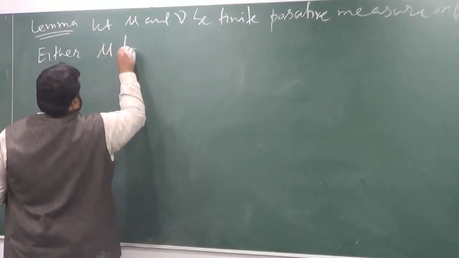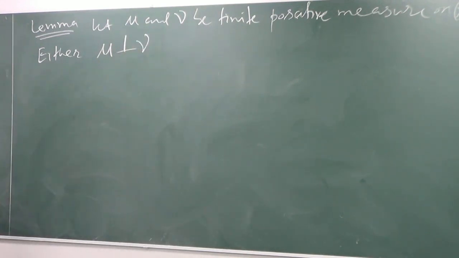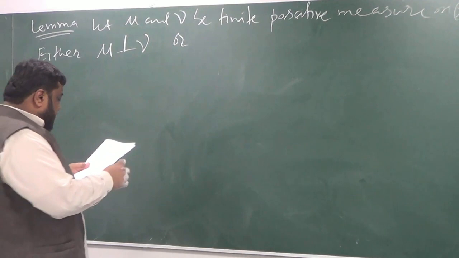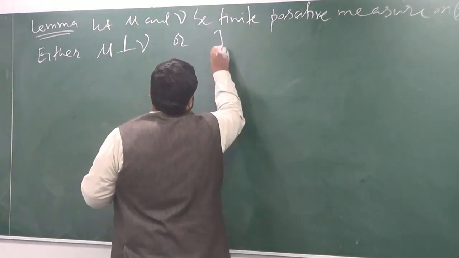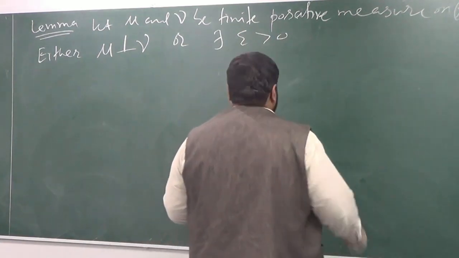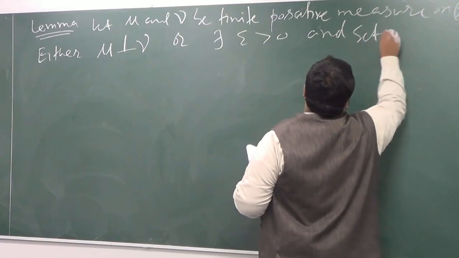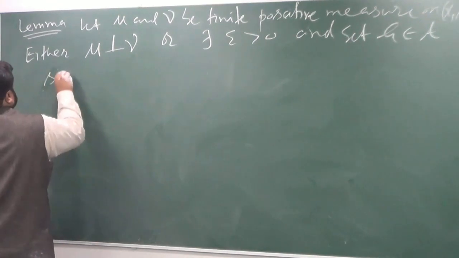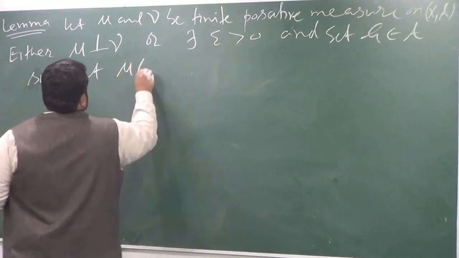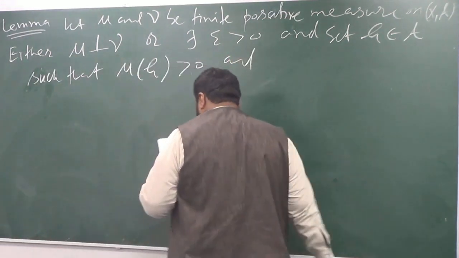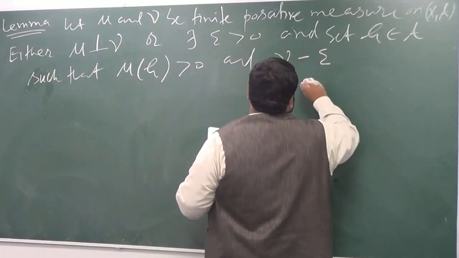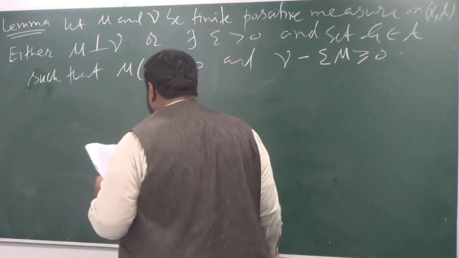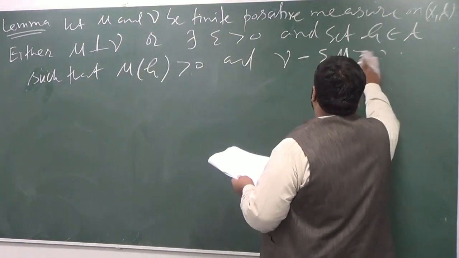Either mu is singular to nu, so this must be true, or there exists an epsilon positive and a set G such that mu of G is positive and nu minus epsilon mu is non-negative. Not negative. But positive is positive.